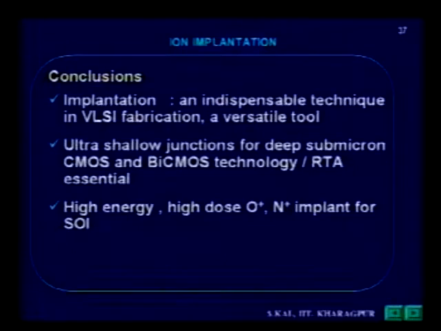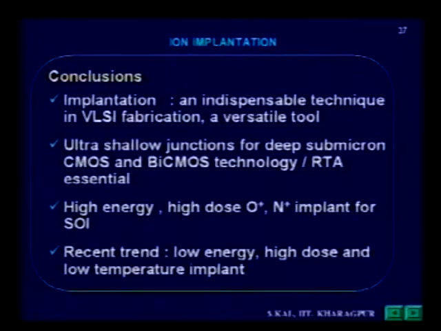Another application of implantation is high energy, high dose oxygen and nitrogen implant for SOI, just now I discussed. And a recent trend is low energy, high dose and low temperature implant. Low energy, high dose is for shallow junction formation.